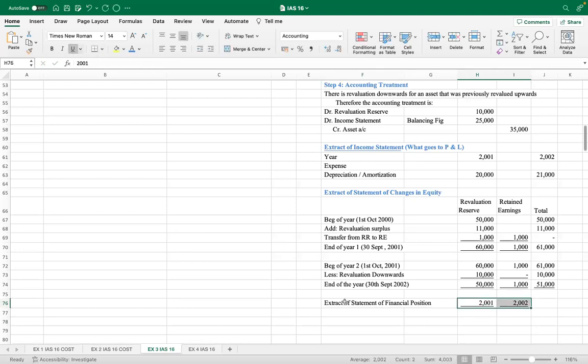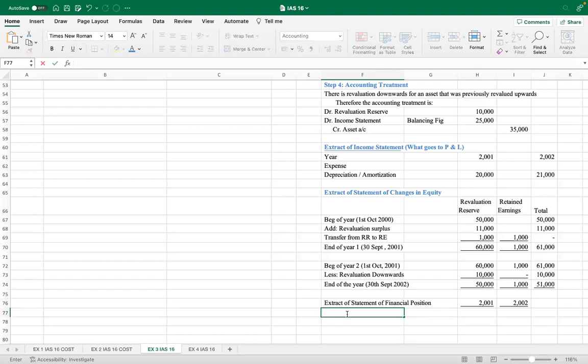We are done. So there is the PPE. PPE, you less accumulated depreciation to give you the carrying amount or the net book value.